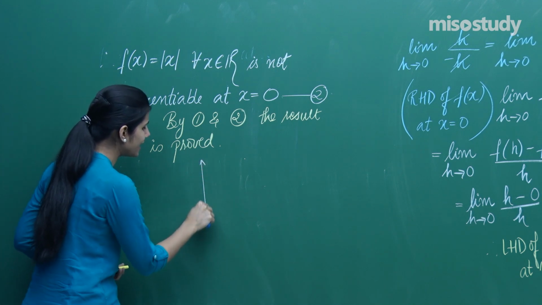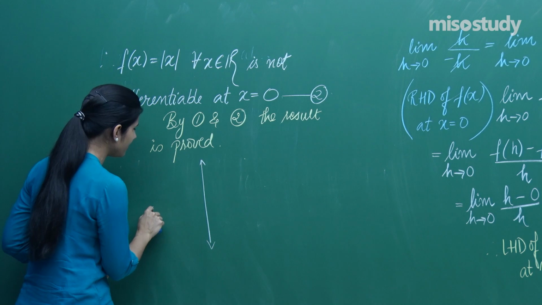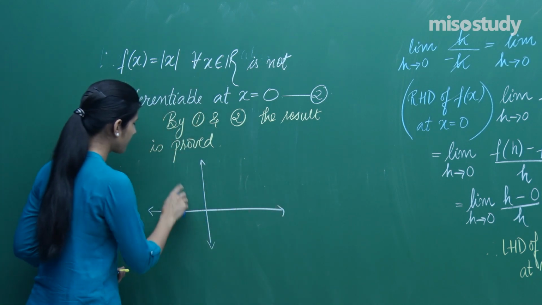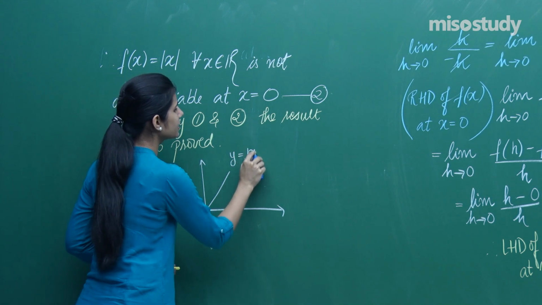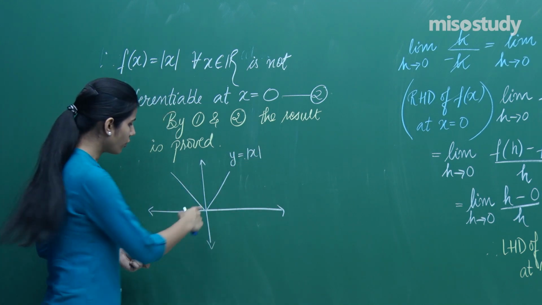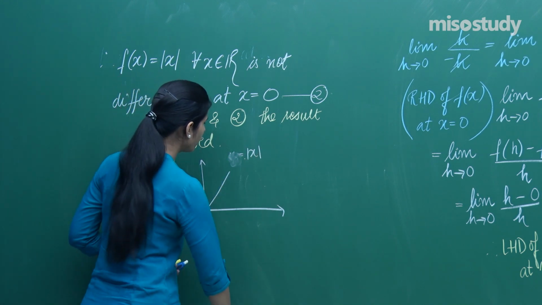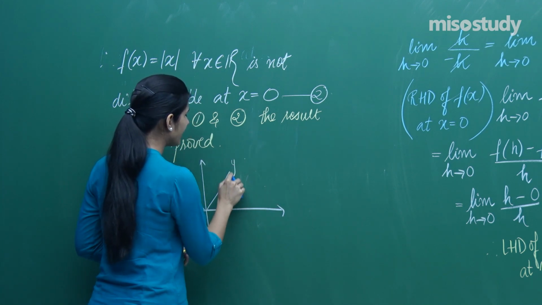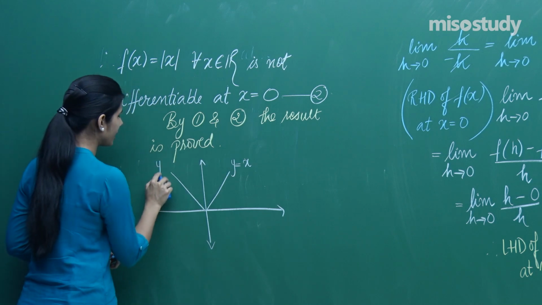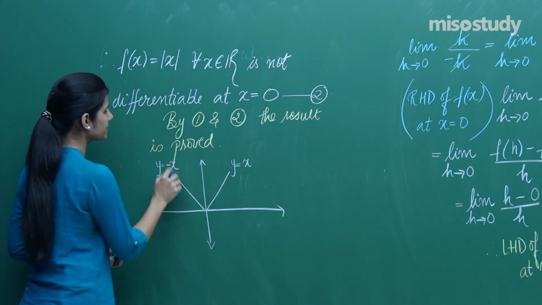See, what is tangent, or what is, I should say, differentiability meaning? This is my y equals mod x graph. What is this line? If I try to focus on just this line, this is y equals x and this is y equals minus x.